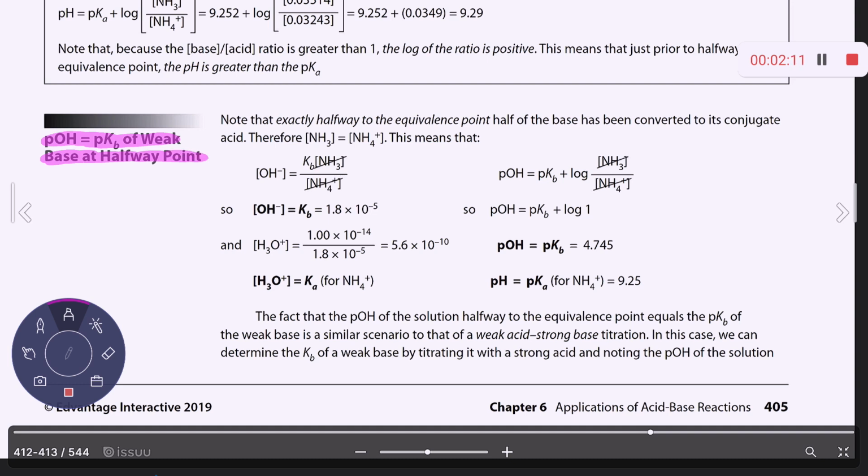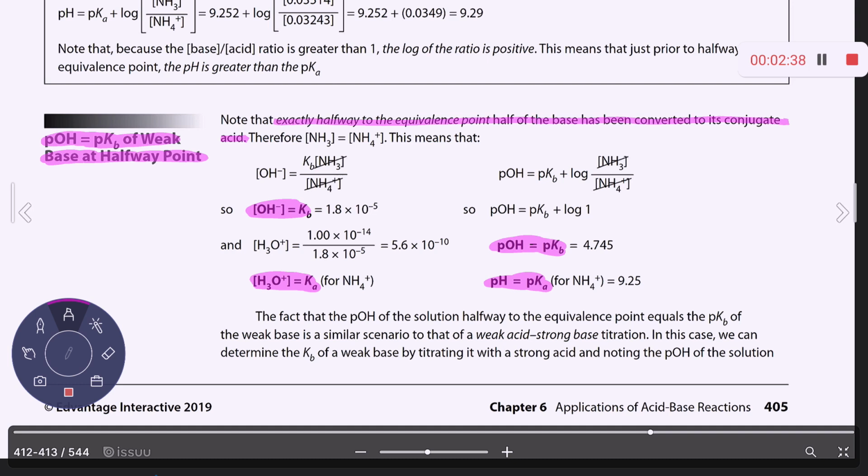So exactly halfway to the equivalence point, half of the base has been converted to its conjugate acid. So here the hydronium ion concentration would equal the Ka, and the pH would equal the pKa, and the pOH would be equal to the pKb, and then you've got your hydroxide equal to the Kb. That's all we're going to highlight there.